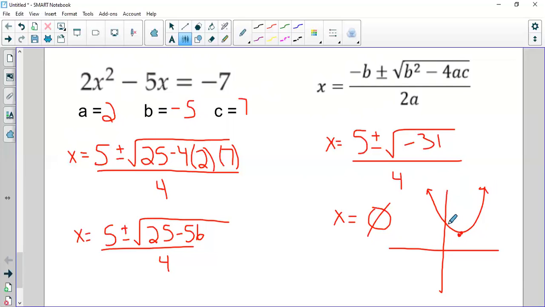And then this would be positive 7 here. That's the y-intercept, the c value. So no solution for this one because inside the radical, the discriminant value became a negative number when I worked it out. All right, here's your quadratic formula with a bunch of different types of solutions. Have fun.